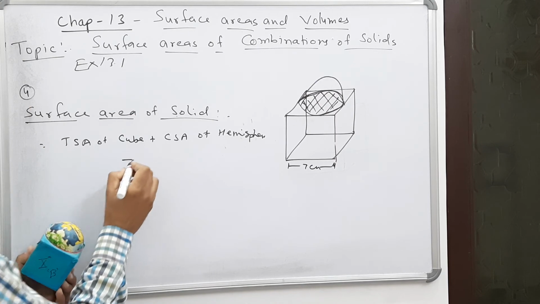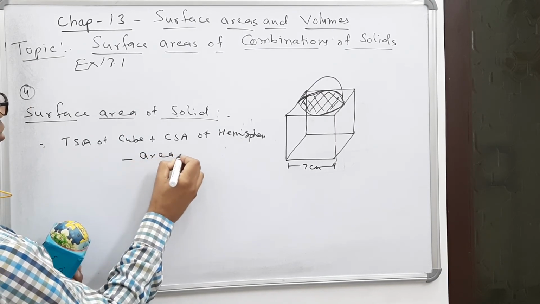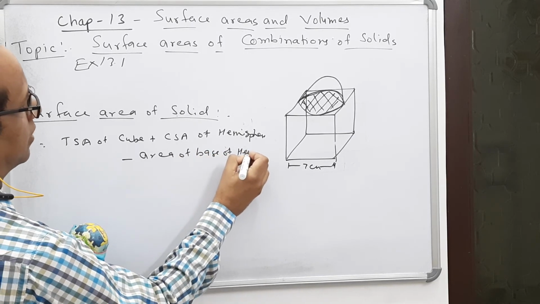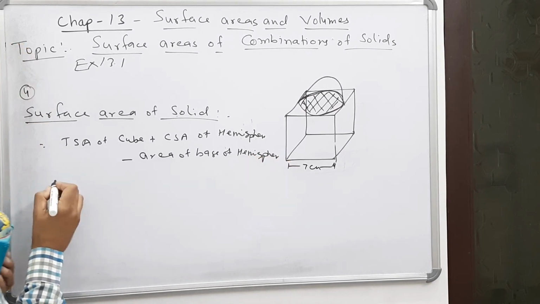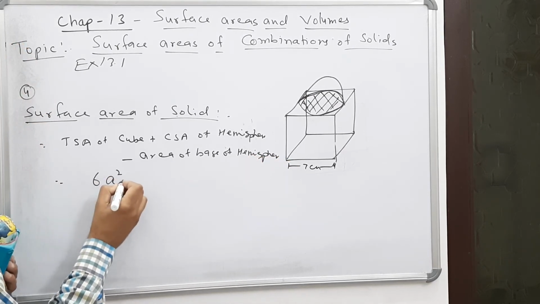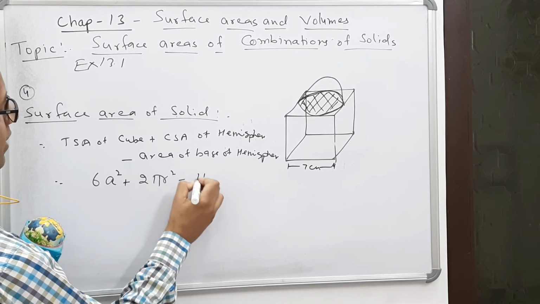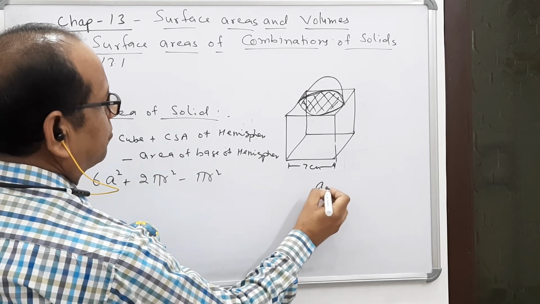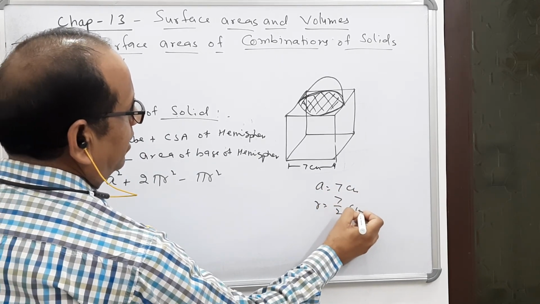So that is minus the area of the base of the hemisphere. That is 6a square plus 2 pi r square minus pi r square. Now here the value of a is 7 centimeter and the value of r is 7 by 2 centimeter.